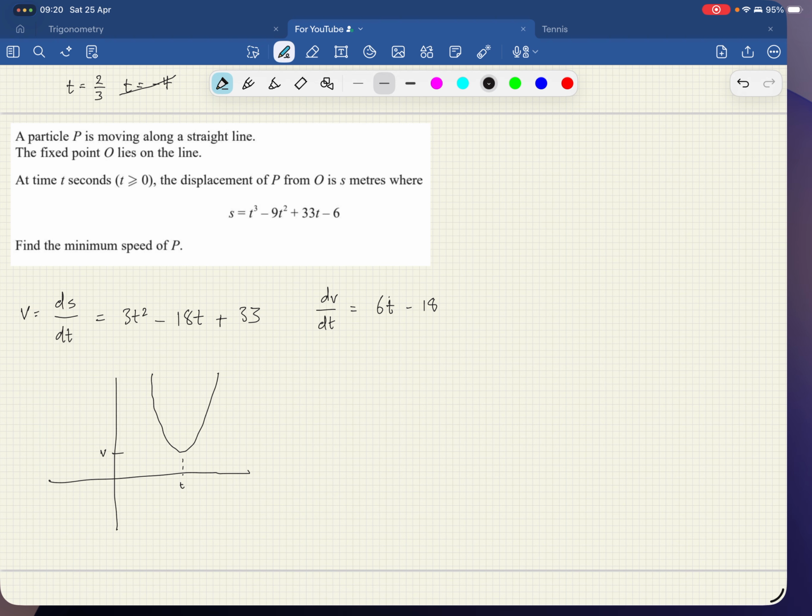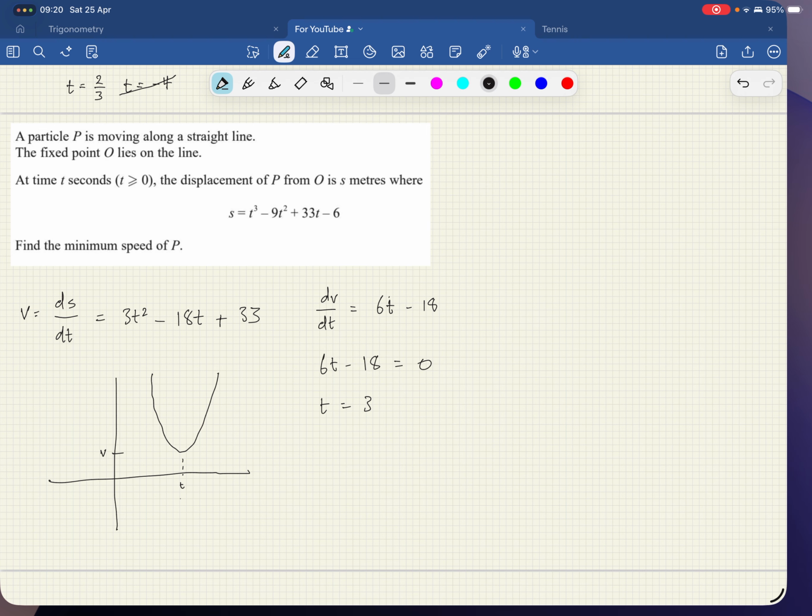Okay, so now we do want to set this to be 0, because it's the gradient. We want the point on this curve here where the gradient is 0, and that's at the bottom here. So we do want to now solve 6t minus 18 equals 0, and that means that t equals 3.